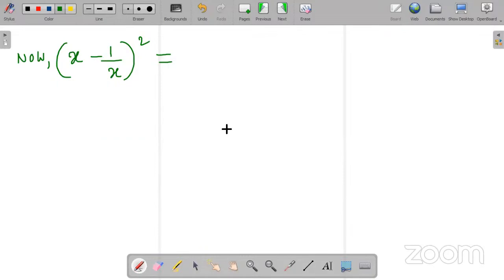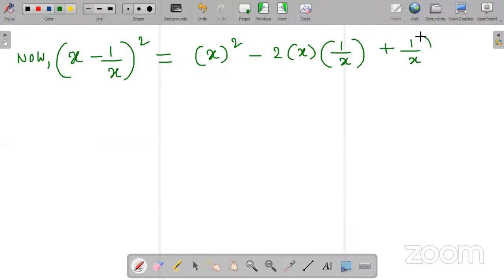X minus 1 by x whole square means x square minus 2 times x into 1 by x plus 1 by x whole square. Don't get confused, this is a square minus 2ab plus b square.